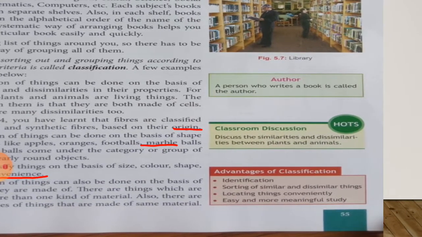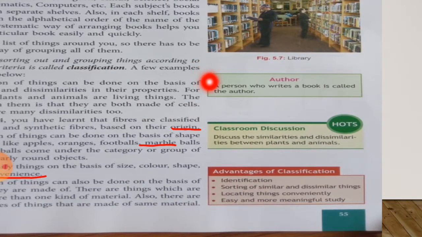Now here you can see the definition of author. A person who writes a book is called the author. You can see classroom discussion. Discuss the similarities and dissimilarities between plants and animals. So you can discuss.